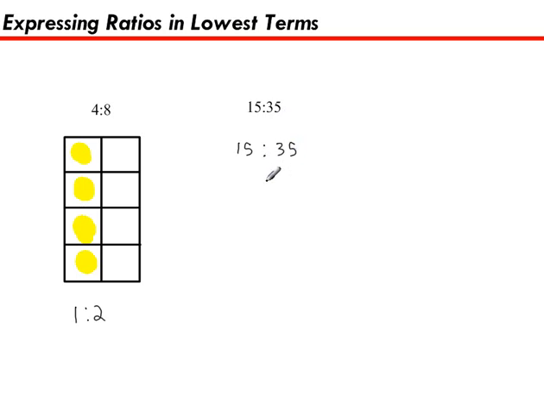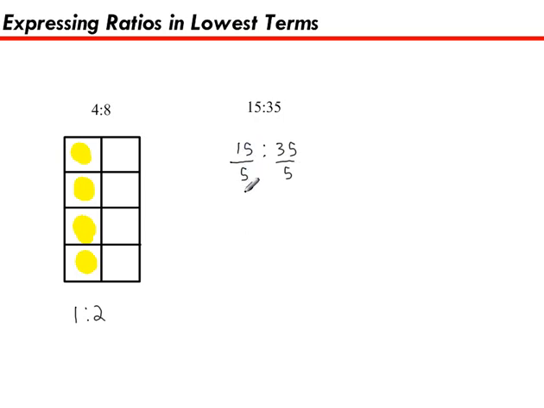And the largest number that I can think of that goes into 15 and 35 is 5. So what I'm effectively doing is dividing both of these numbers by 5. And that's how we express a ratio in lowest terms.